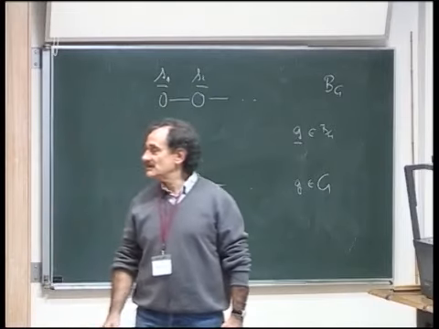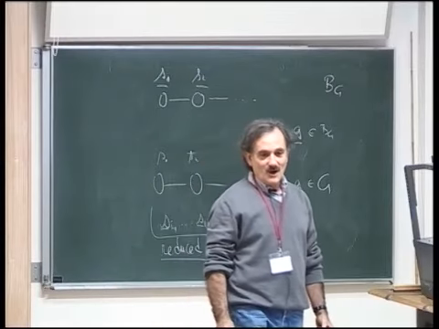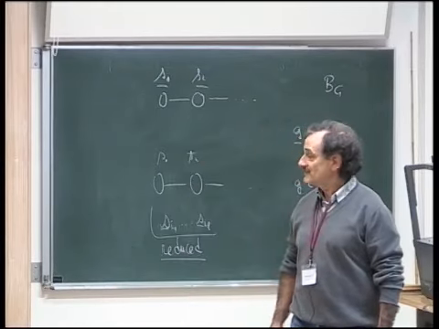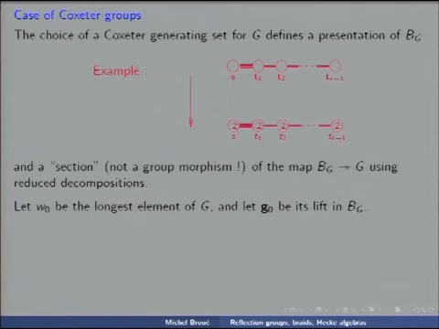Let w0 denote the longest element in this Coxeter group. Let me denote by bold g0 its lift in BG.